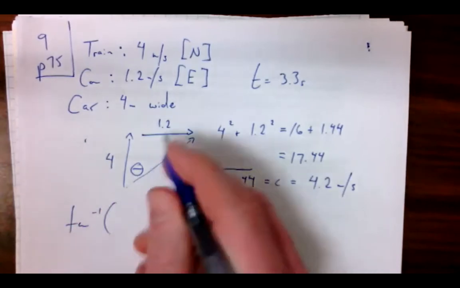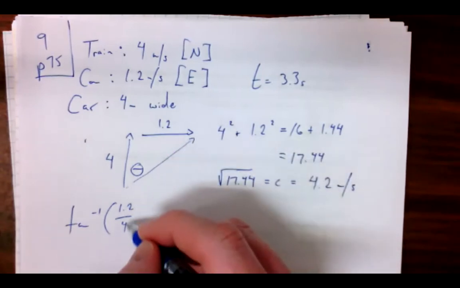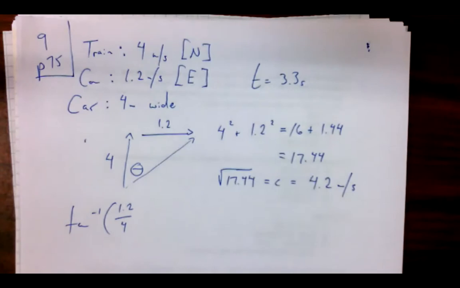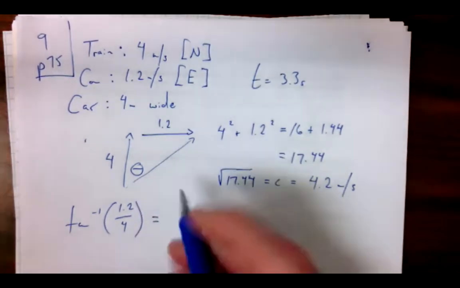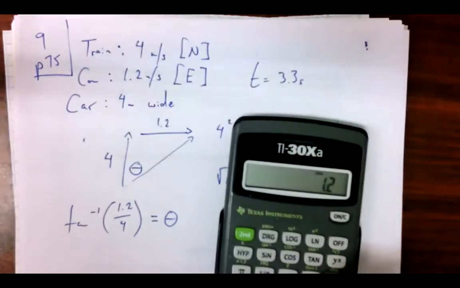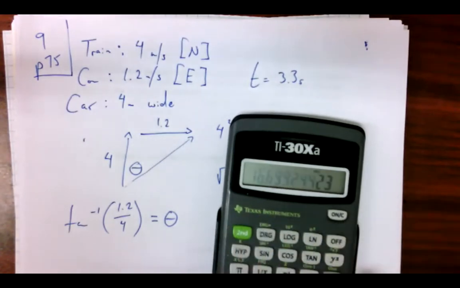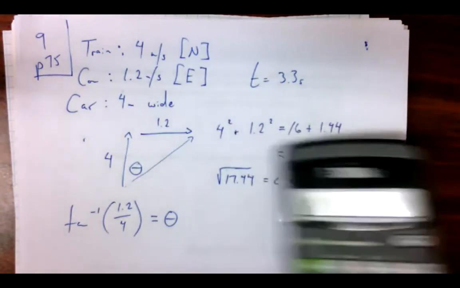And then we got to do this bad boy. Inverse tan of opposite 1.2 over 4. What is 1.2 over 4? Sorry, 0.3. 1.2 divided by 4 is 0.3, and then second tan, 16.7, or 2 sig figs would be 17 degrees.